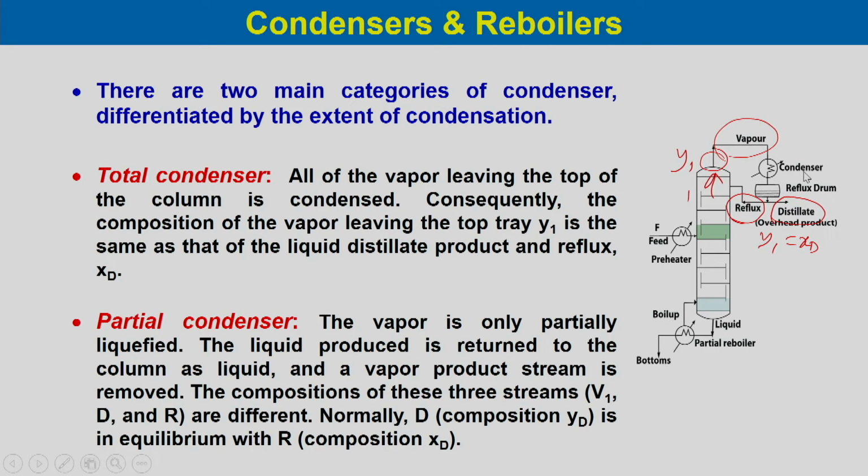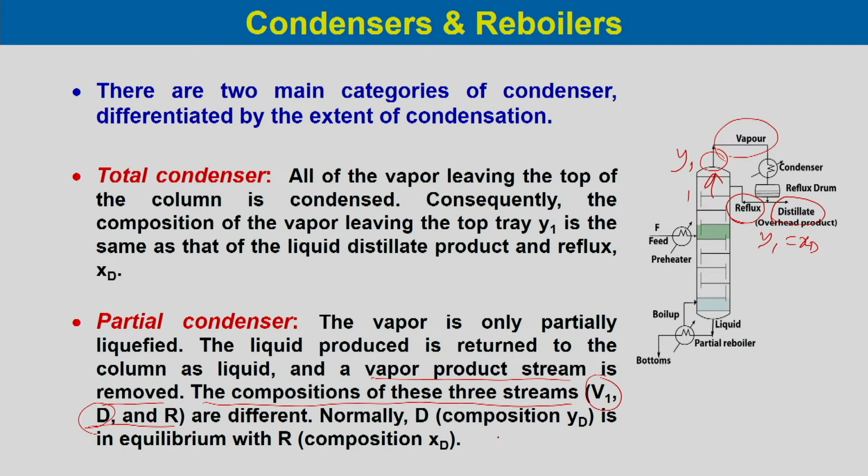In the reflux drum you will have a vapor component and a liquid component, and then the vapor product stream is removed, and the compositions of the streams, that is V1, D and R, are different. The vapor coming here, the distillate you are taking here, and the reflux you are giving are of different composition.